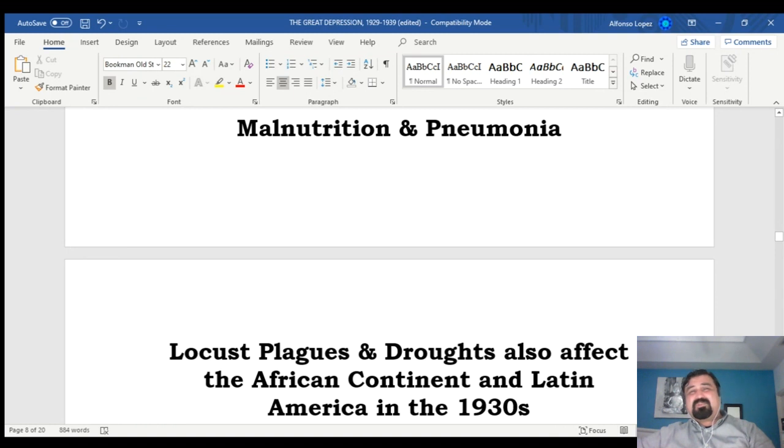There's a scarcity of food, so people are malnourished, and of course pneumonia. People are breathing the particles of dust, and that is going to develop infections in the respiratory system, in the lungs, leading to viruses of all kinds, and pneumonia.